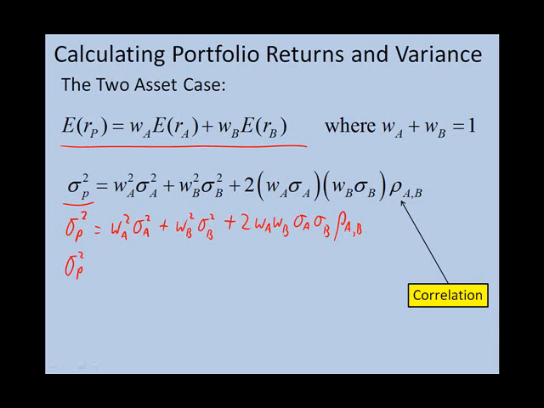Well, the covariance between asset A and asset B is equal to the standard deviation on asset A times the standard deviation on asset B times the correlation between asset A and asset B. More formally, if you want to calculate covariance, what you'll do is calculate the expected value of the returns on stock A minus the mean for stock A, multiplied by the returns on stock B minus the mean returns for stock B.